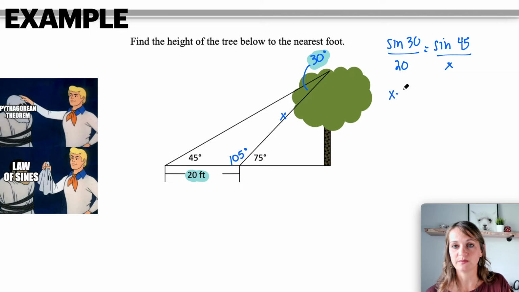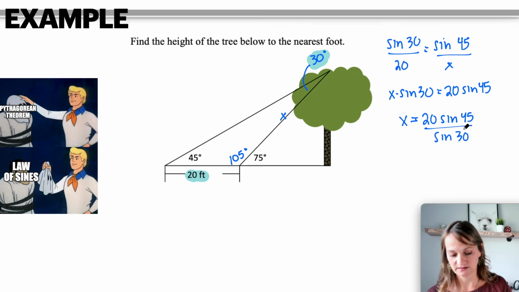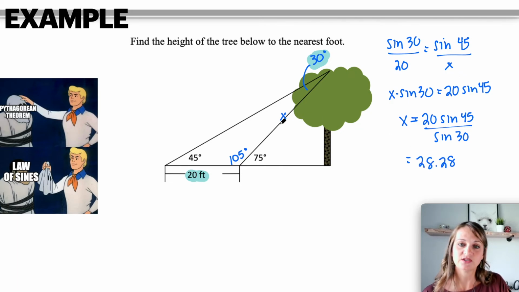So I'm going to cross multiply and divide. And I will get 28.28. So I know that that height right there is 28.28.